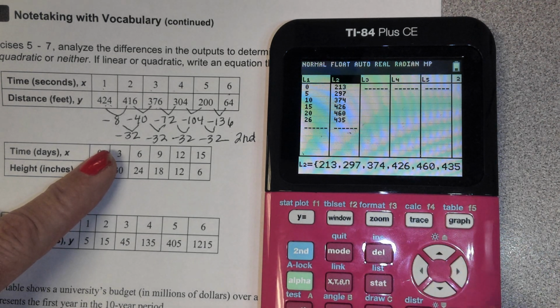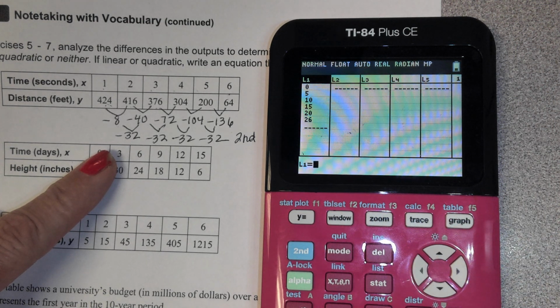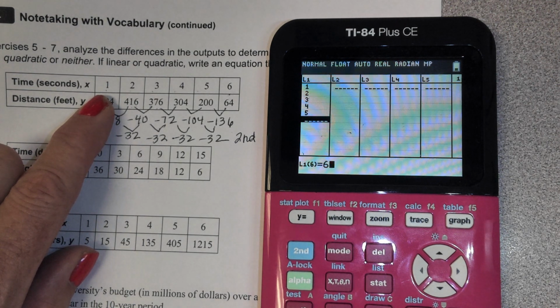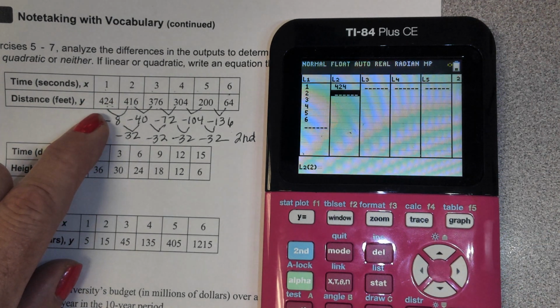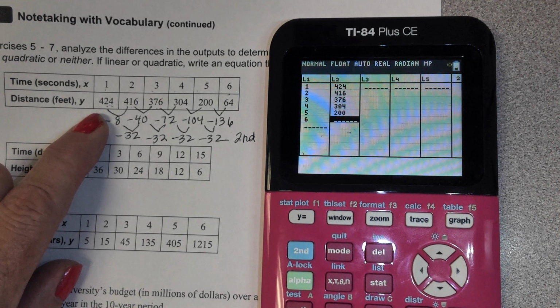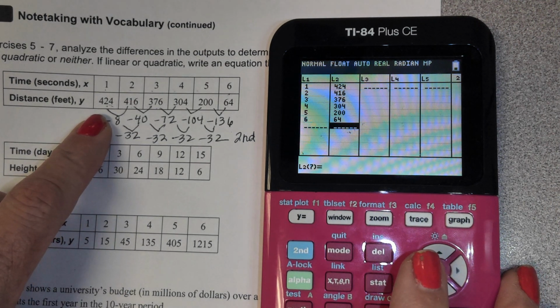I go up to the very top and clear. Put in your X's. In L2, we put in our Y's. Alright, so I have them all put in.